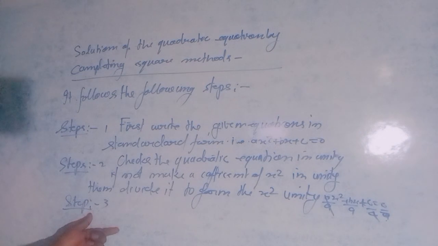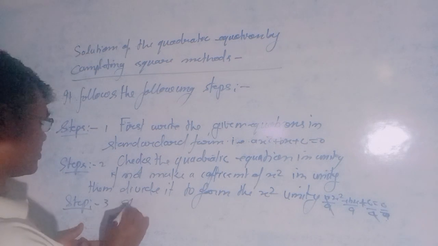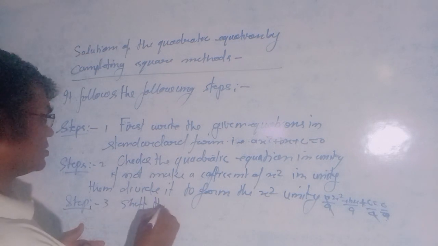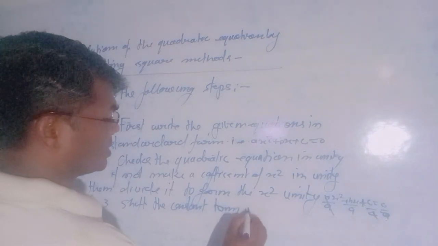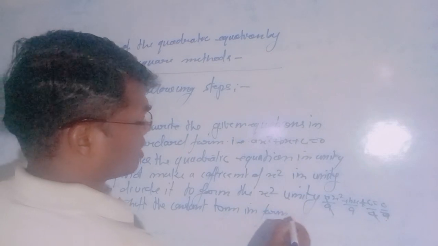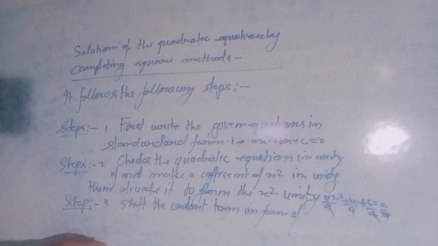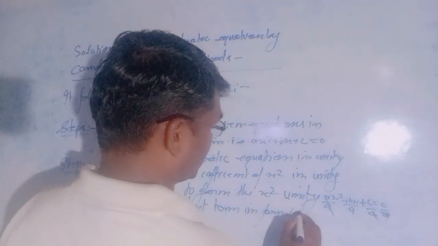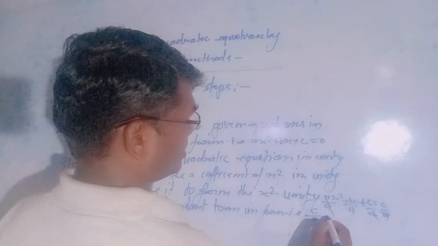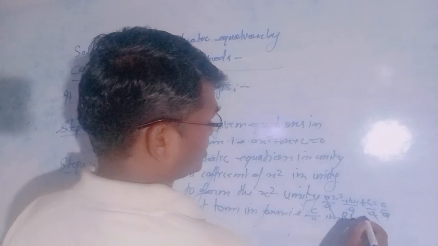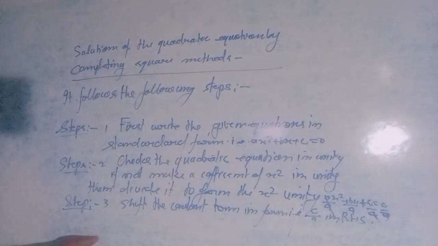Now step 3: shift the constant term, that is c by a, to the RHS, the right hand side.